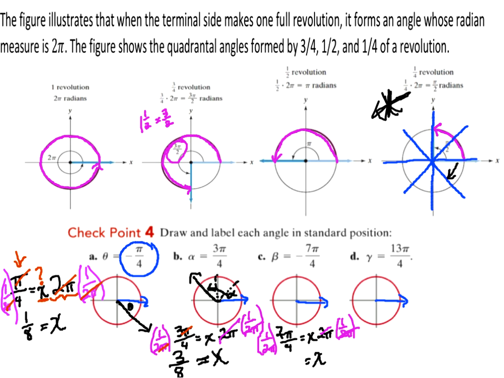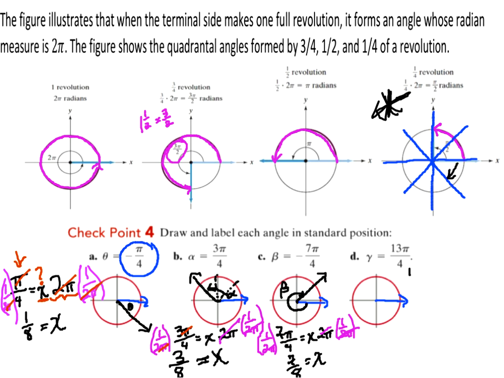Yes, 7/8. So I'm going in the negative direction, 7/8. That puts me, I start here, and I go all the way there. So that is angle beta.